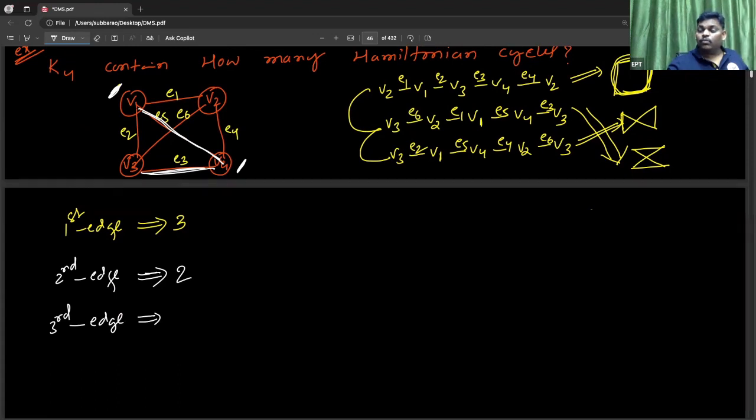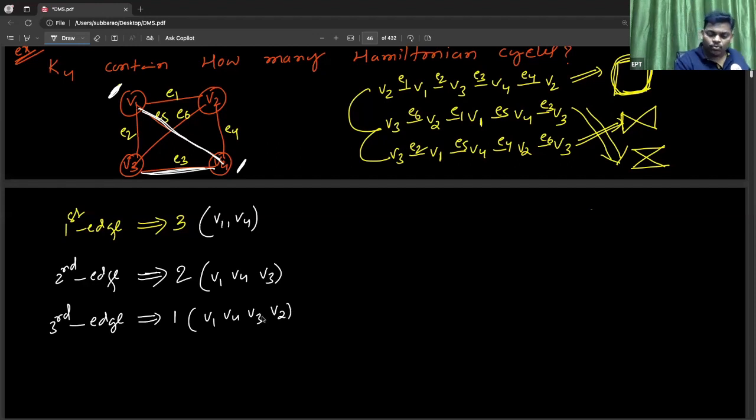The third one is only one. 3 vertices are over, remember. At the end of the first edge, V1, V4 completed. At the end of the second edge, V1, V4, V3 completed. Now you have only one person. Who is that? V1, V4, V3, and V2. So you have V2.